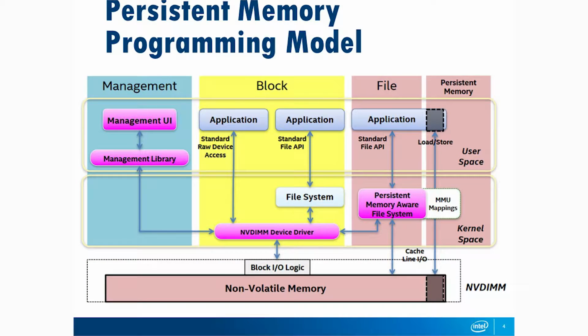Here we can see different functions of the NVDIMM device driver. On the left, we can see that it supports manageability software. At the center, there is block support. Here, it allows block access using a file system and standard file API, or directly standard raw device access.